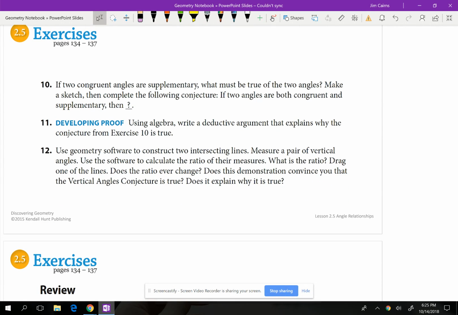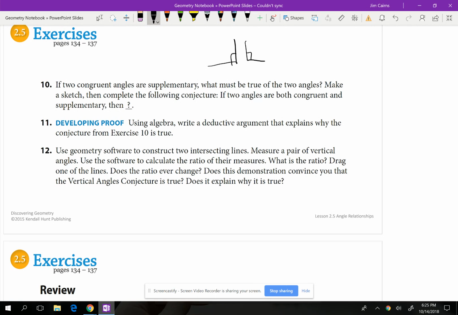Number 10, if two congruent angles are supplementary, what must be true of the two angles? Make a sketch, then complete the following conjecture. If two angles are both congruent and supplementary, then. Okay, so if two congruent angles are supplementary, that could be like these two angles.